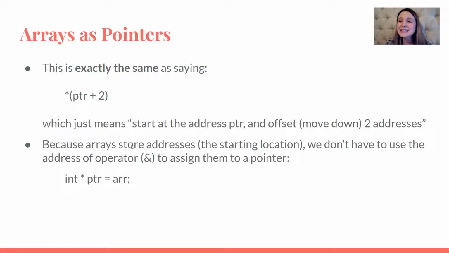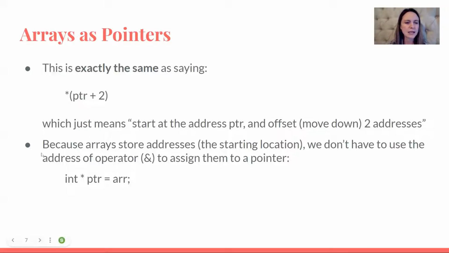That's exactly the same as saying go to this starting address and move down 2 memory address locations. And then I say, this is your address, this is where I want you to go. Use that indirection operator, so get me the value that's stored there. That's how I access an element in an array.